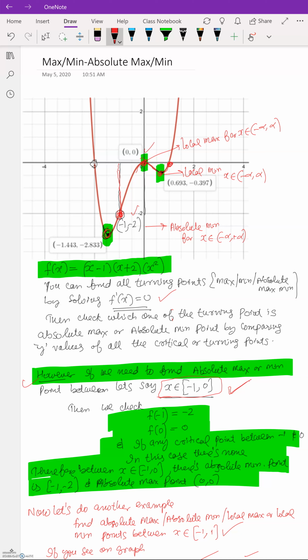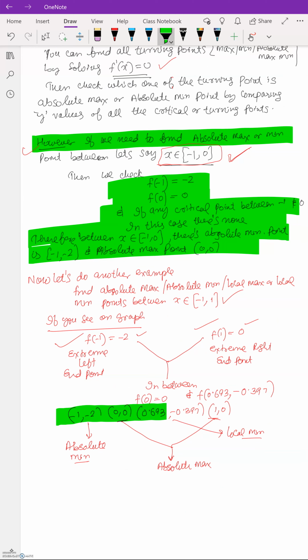And you notice (1, 0) and (0, 0) are the same height, and there's no other point between -1 and +1 which is above this. So both (0, 0) and (1, 0) can be considered absolute max points, (0.693, -0.397) will be a local min point, and (-1, -2) will be the absolute min point between -1 and 1. So I tried to put all those points here between -1 and +1.